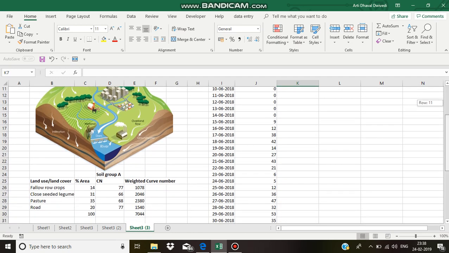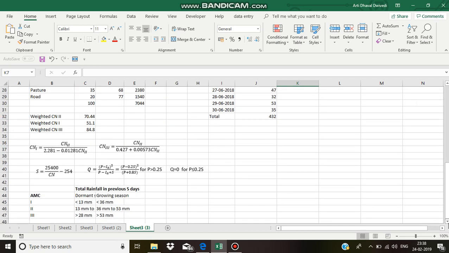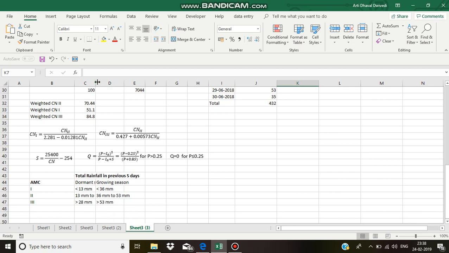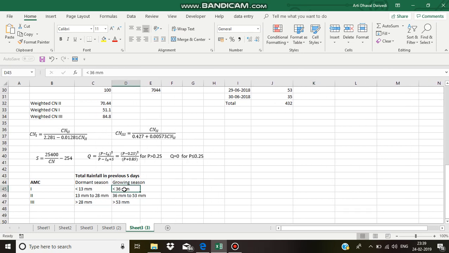Now the AMC condition is decided based on this table. If the rainfall is less than 36 millimeters, then the condition is called AMC condition 1. If the rainfall is 36 mm to 53 millimeters, then it is AMC 2.